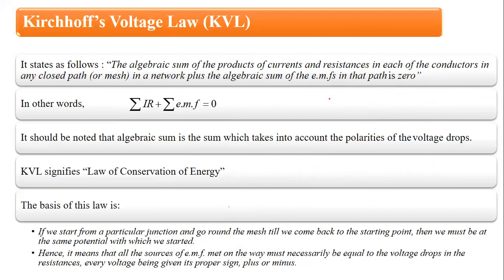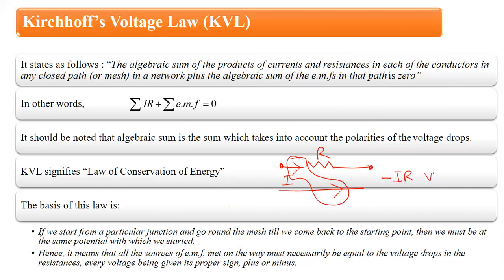Now, how to take the sign convention. For example, you have a resistance of value R and some current I is flowing here, right? Now if you have two terminals of this particular resistance, if the movement of the current in the mesh is with the current in the branch, this would become minus IR.